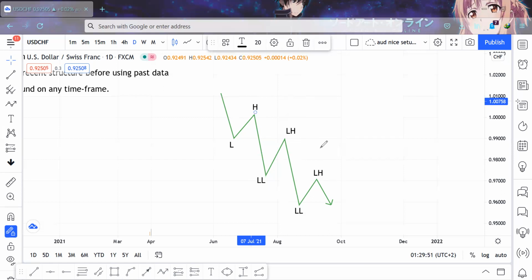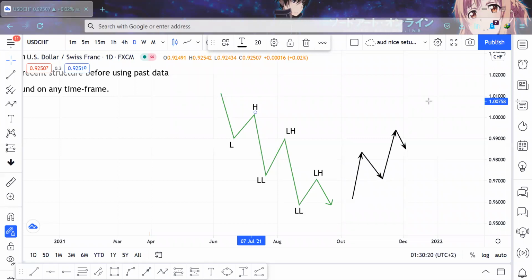Before even analyzing, before even identifying your levels in the market, your support and resistance, it is very crucial for you to be able to identify your lower highs or your lower lows in a downward moving market, or your higher highs in an upward moving market, right?